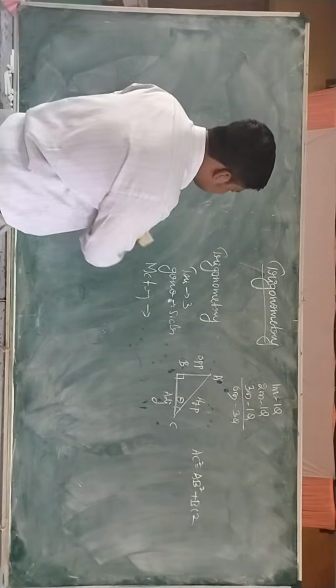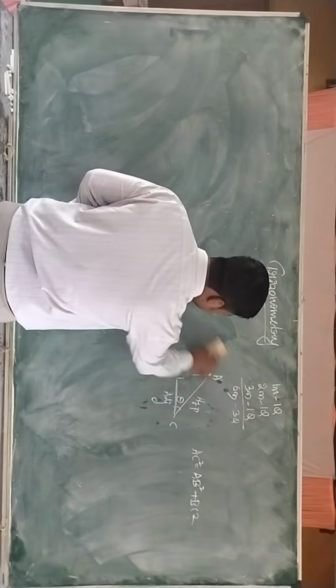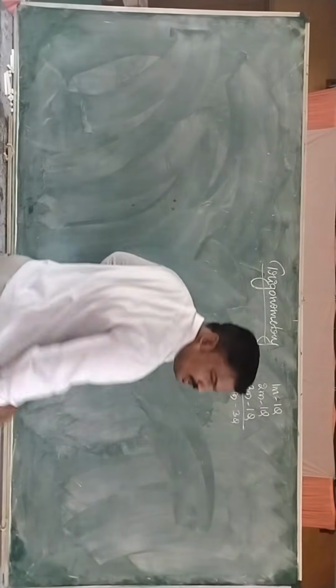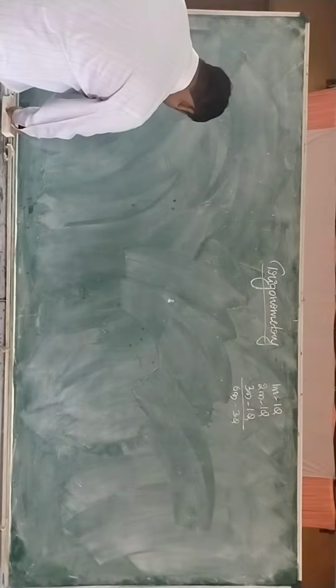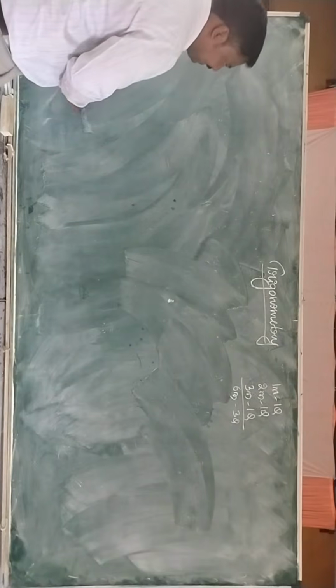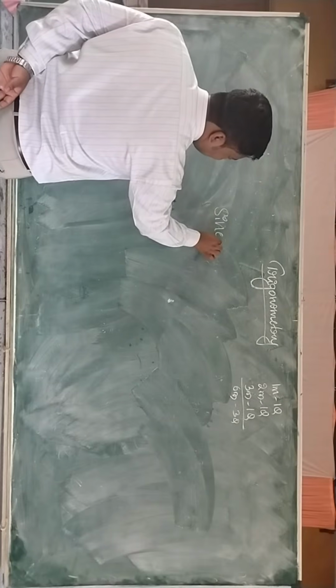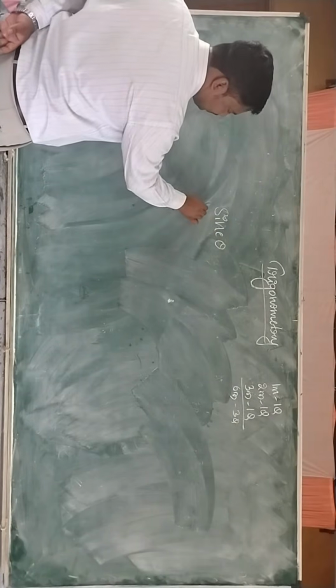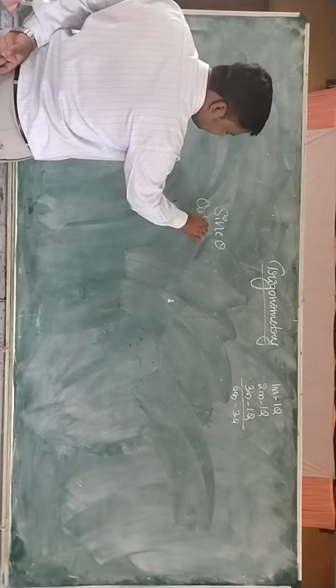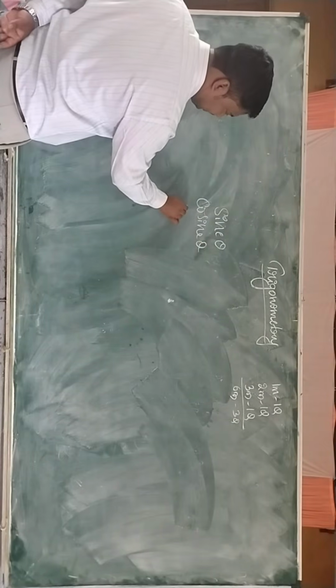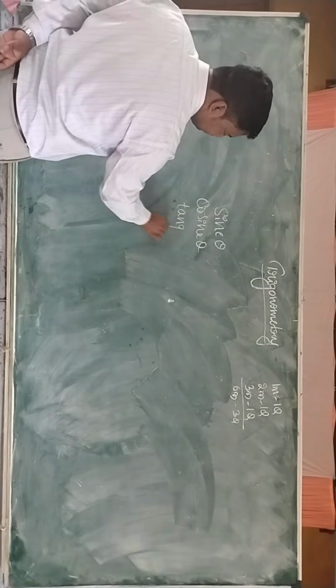Trigonometric functions. How many are there? 6 are there. Correct. First one is sine, sine theta. Next one, cosine theta. Next one, tangent theta.